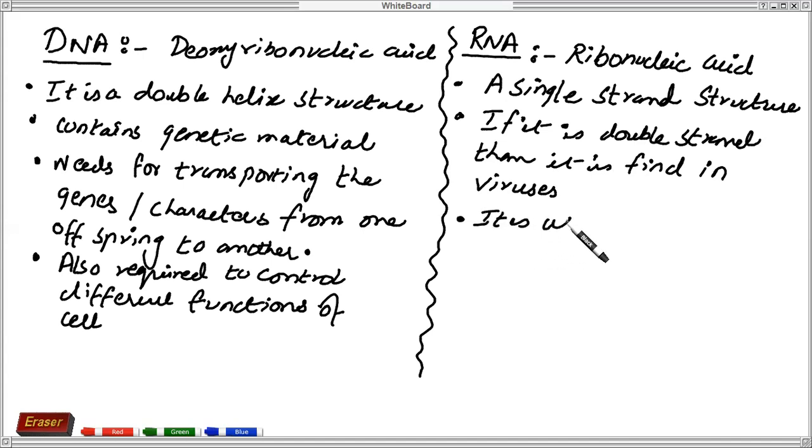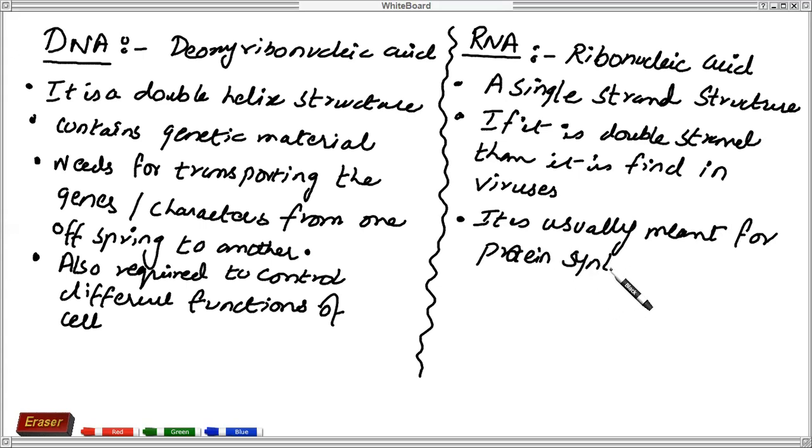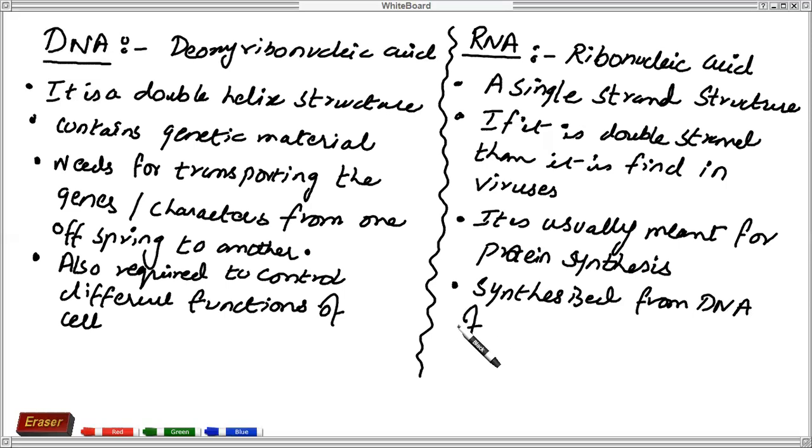It is usually meant for protein synthesis, synthesized from DNA of the cell.